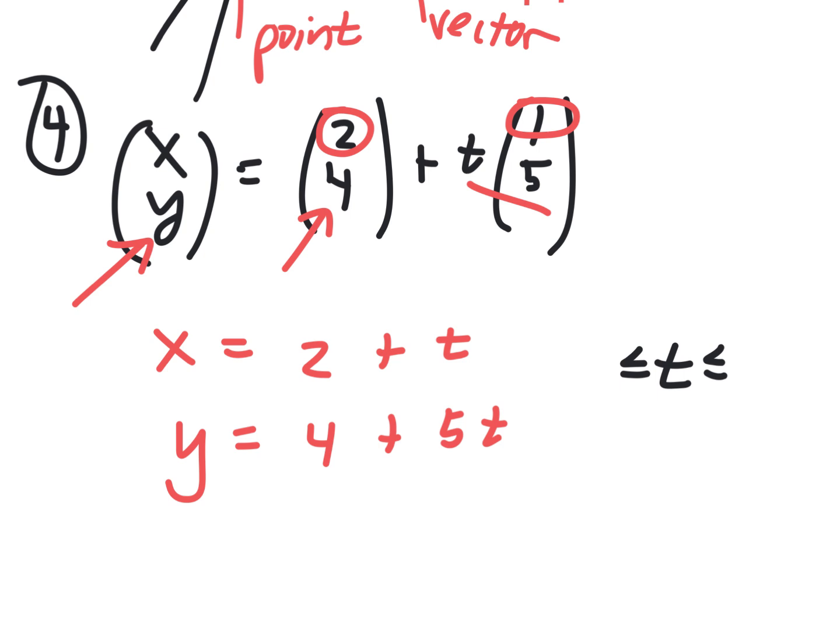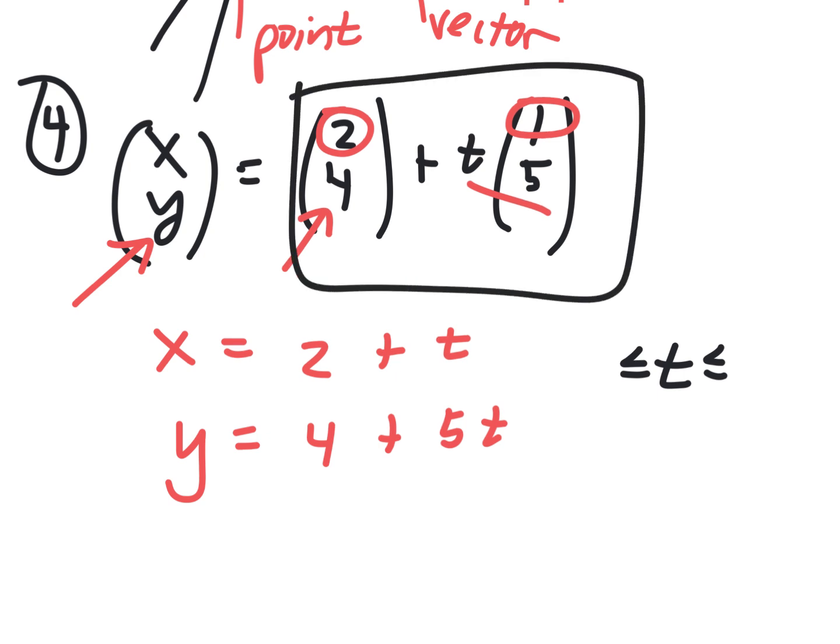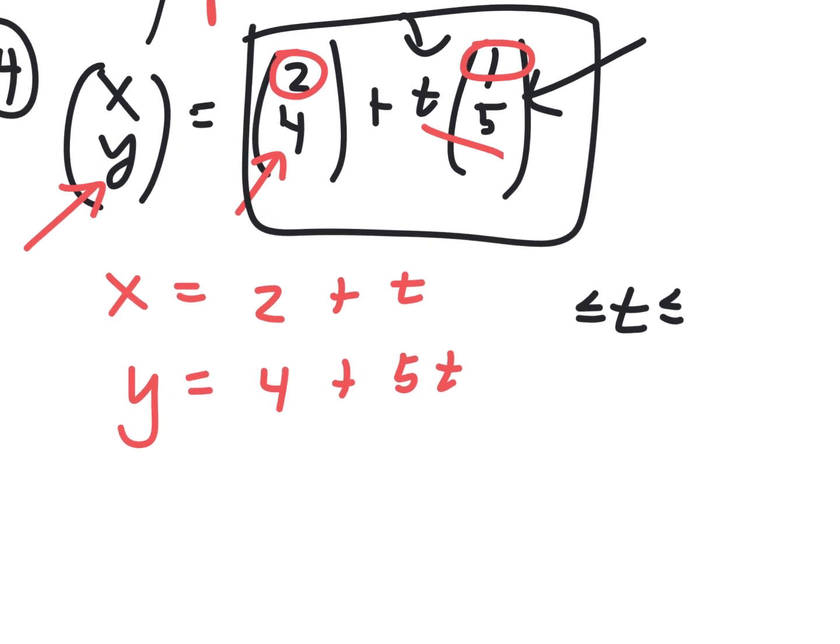You know what I mean? Because you can go in any direction. It is headed in this direction if you just put in positive numbers for t. Then it would start at 2, 4 and then move in this direction. Okay, but I'm going to say that this goes from negative infinity to infinity because I don't have any specific spot I want it to start and end.